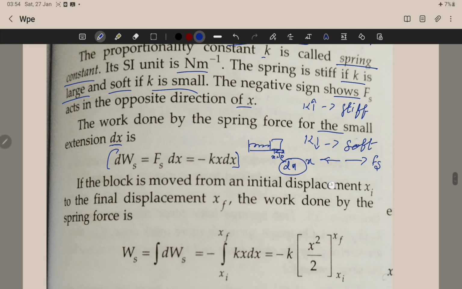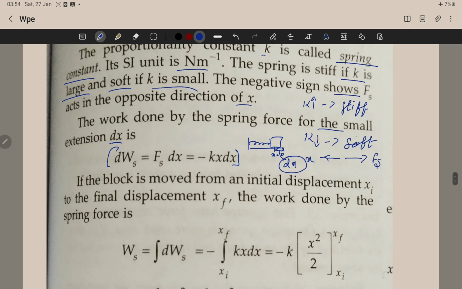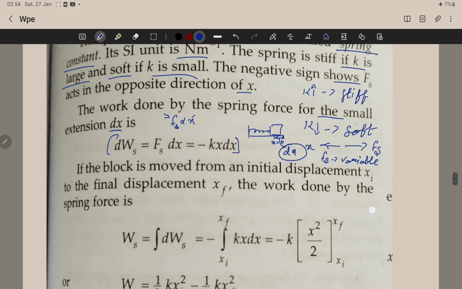We can't apply this force for the whole extension because the spring force is variable. Why is it variable? Because it is directly proportional to x. As x is variable, the spring force is also variable, not constant.